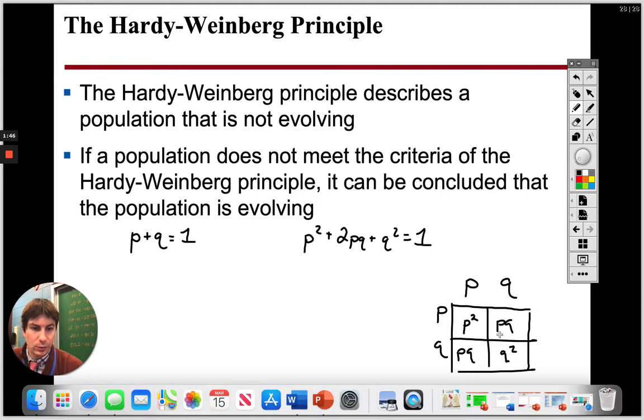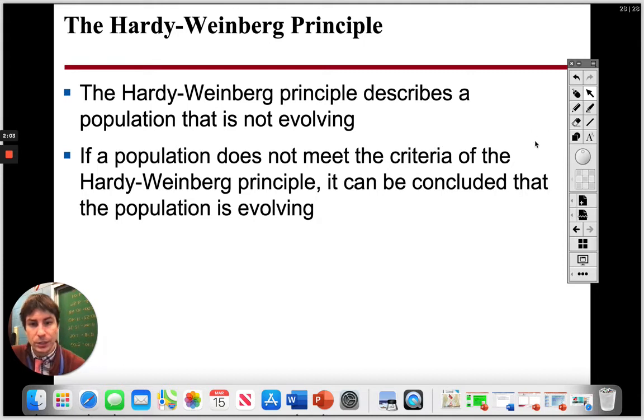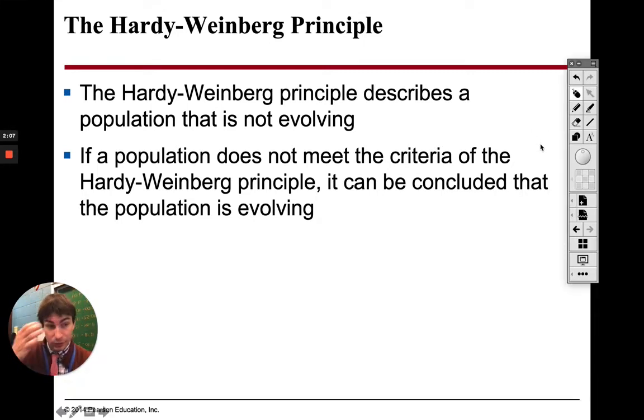That's how we got this equation, because we got our two PQs right here for our heterozygous individuals. So it's going based off of crossing two heterozygous. So when we have these two equations, we are able to use them for our population to determine whatever we want to find out, whether it's alleles, whether it's genotypes.